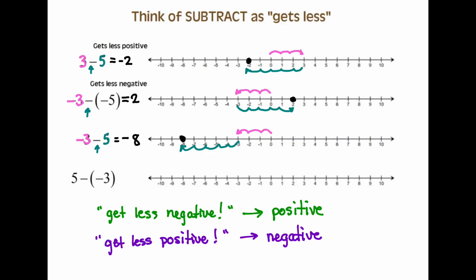So negative 8. Okay, next one. Start at 5. So 1, 2, 3, 4, 5. And from 5, we're going to get less negative, which means we're going to go positive, right? Less negative is positive. 1, 2, 3. We end up at positive 8.